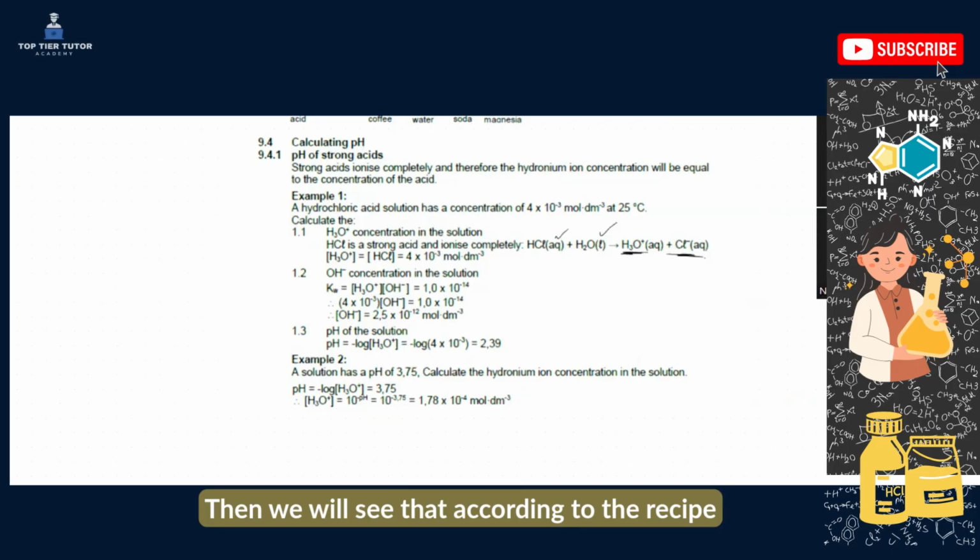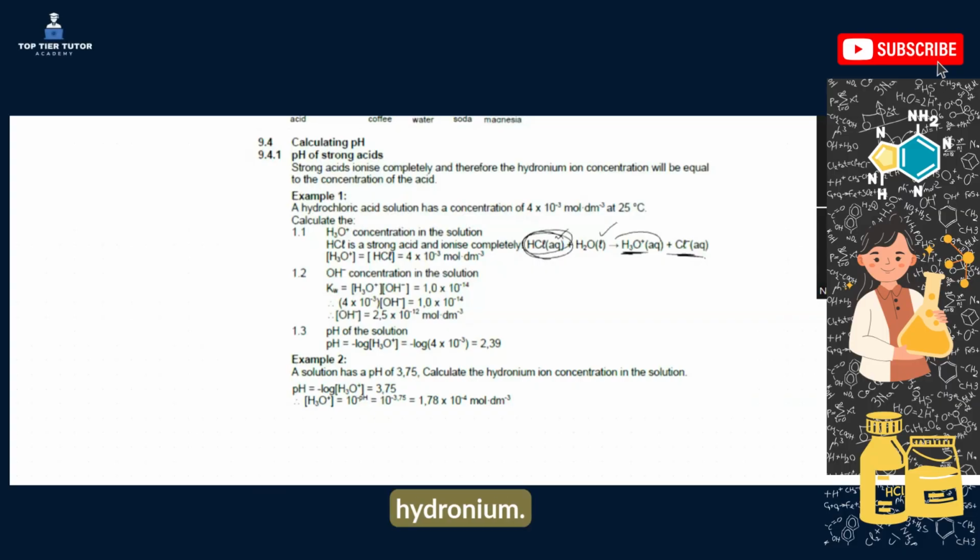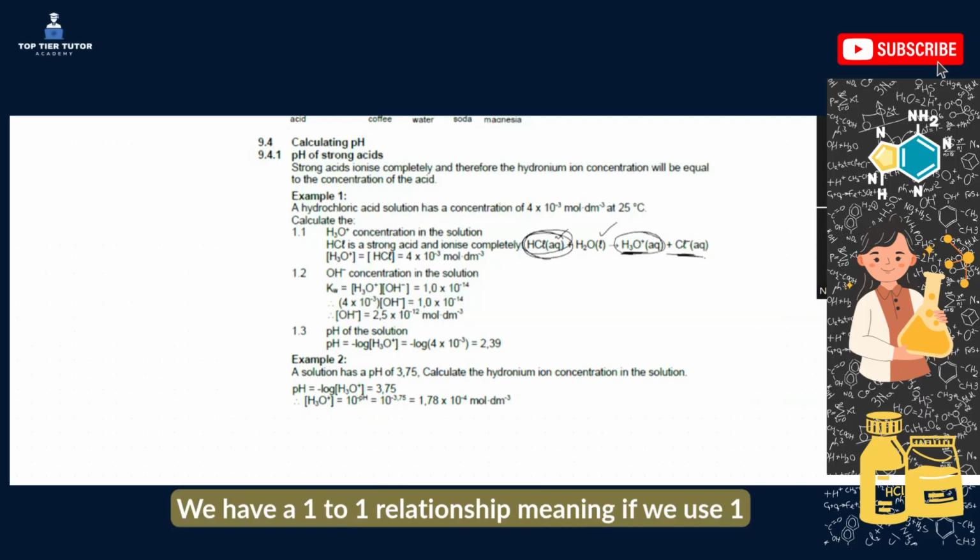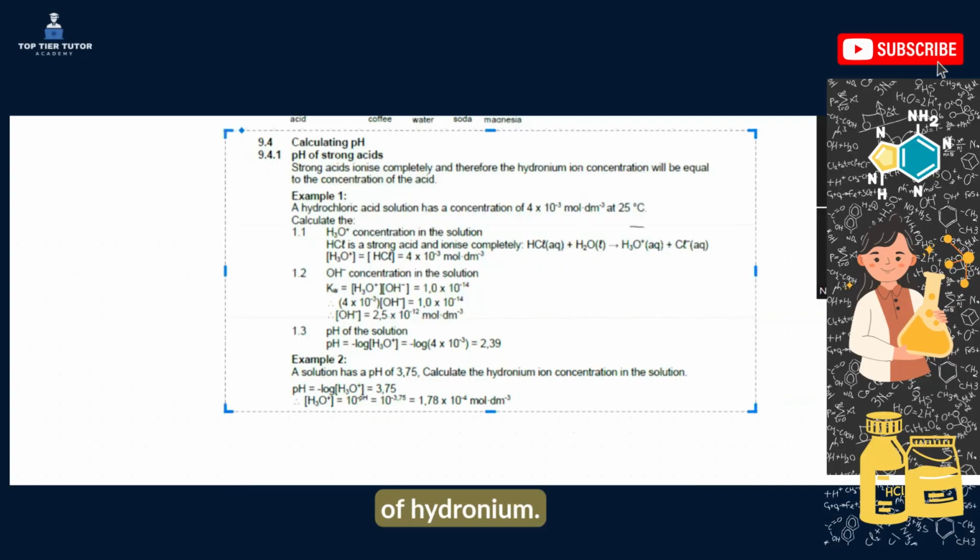Then we will see that according to the recipe here, we have a 1-to-1 relationship between the hydrochloric acid and hydronium. We have a 1-to-1 relationship, meaning if we use 1 mole of hydrochloric acid, we have 1 mole of hydronium.